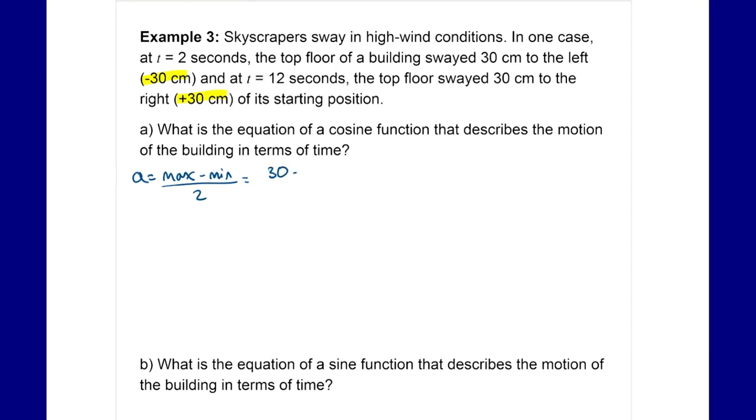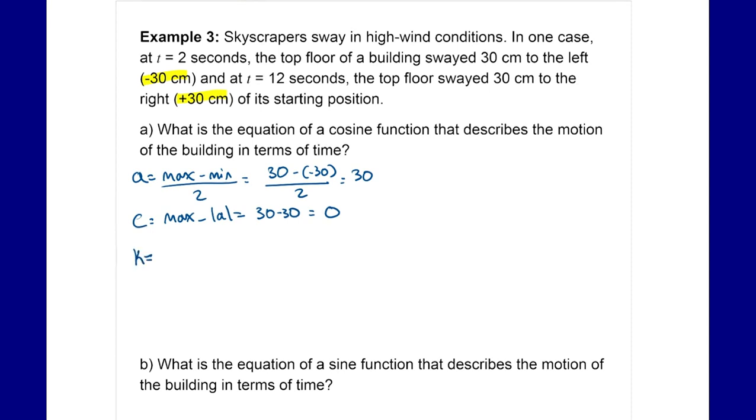So plus 30 minus negative 30 divided by 2 equals 60 divided by 2, or 30. So we have the A value. For C, I can do my max minus the absolute value of A, or 30 minus 30, which equals 0.